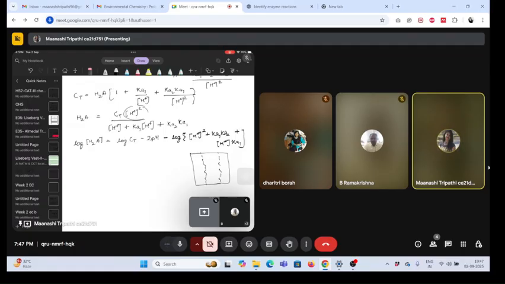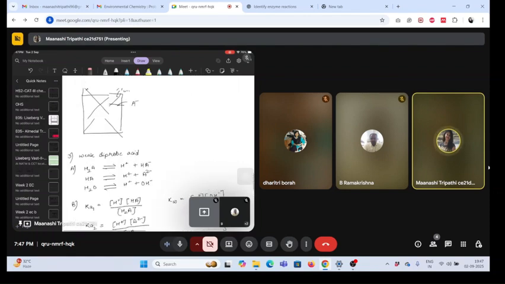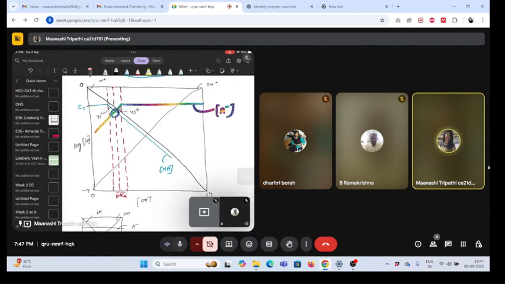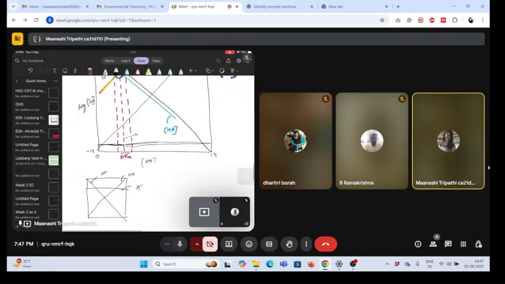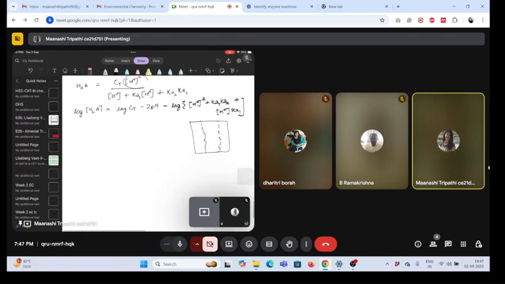Now, like we were doing earlier, we were dividing it into segments. One case was pKa more than pH, the other was pKa less than pH, and the third case was pKa equal to pH. But in the diprotic case, we can have more. One is pKa1 less than pH but pH less than pKa2.